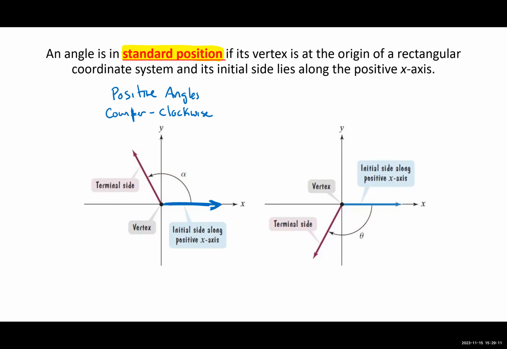Negative angles. So for a positive angle, you go up from the x-axis. Negative angles, you go clockwise, down from the positive x-axis. Negative angles are a clockwise rotation, the same direction as a clock.